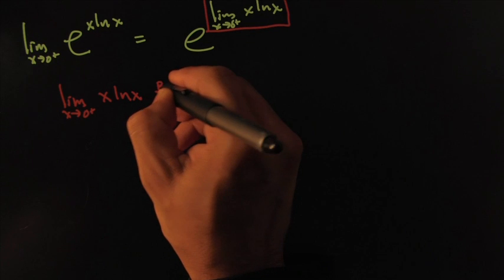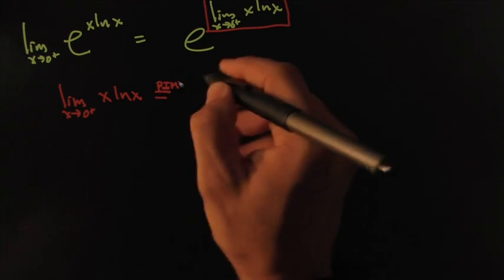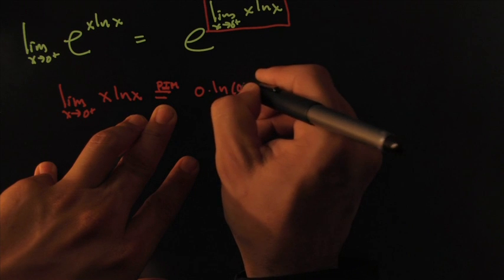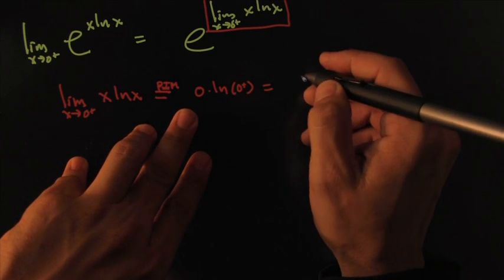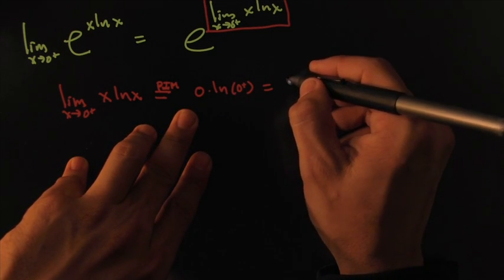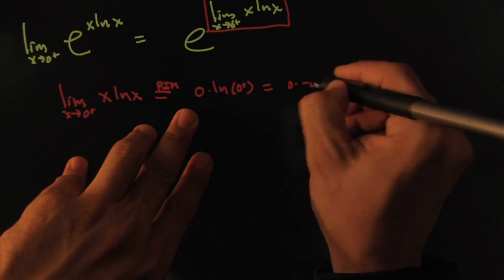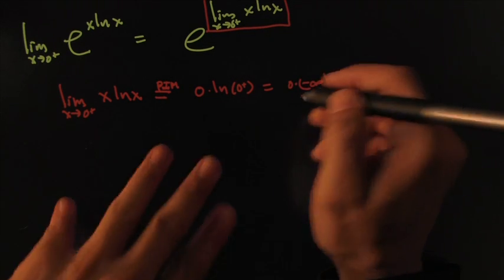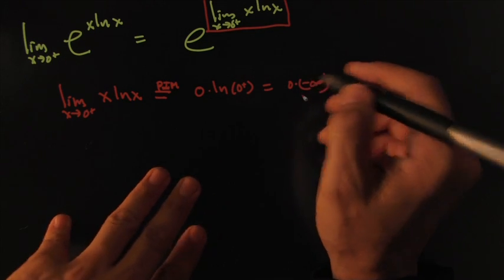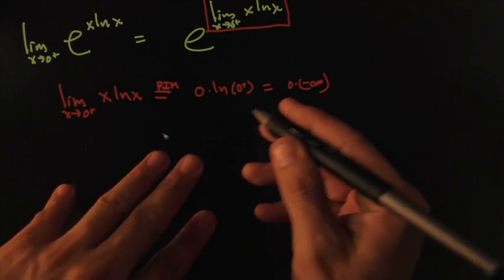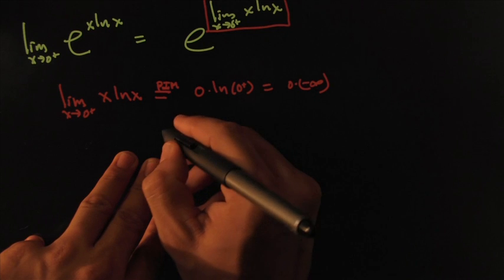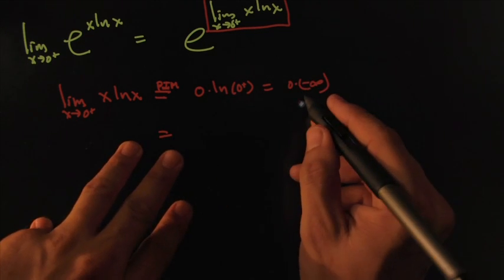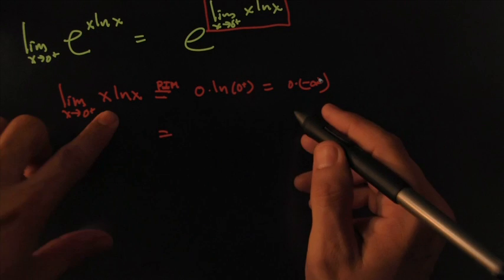If I just try the plug-in method, that would of course give me 0 times ln of 0 from the positive side, which would of course give me 0 times negative infinity. And by this point, this should look really familiar. We've just done an example. I don't know if you're watching these lectures in order or not, but if you didn't watch the previous example, we said we can always tweak this form into one of the famous forms for L'Hopital by just doing some algebra.